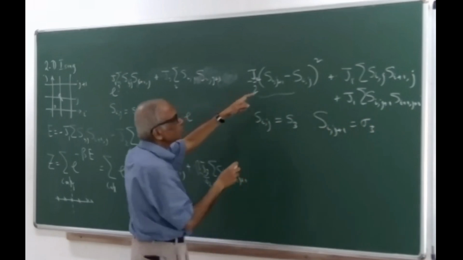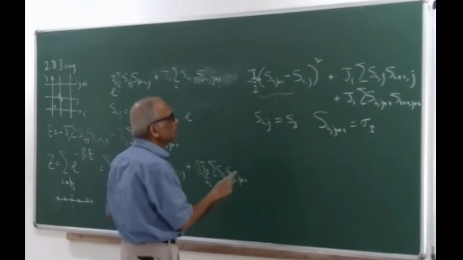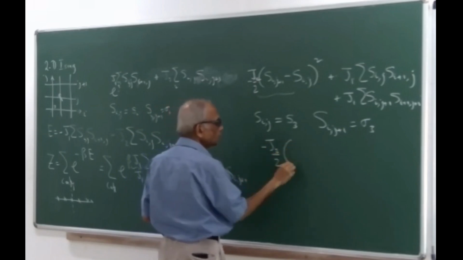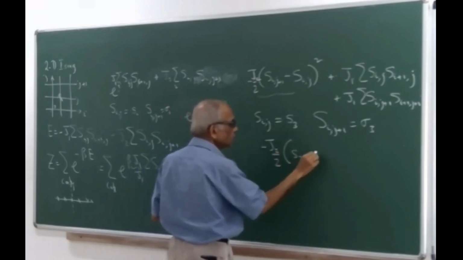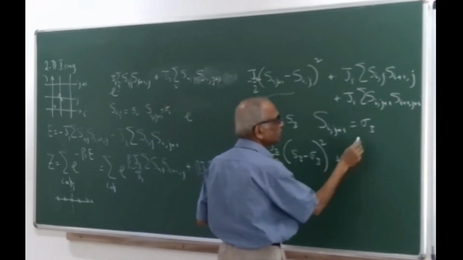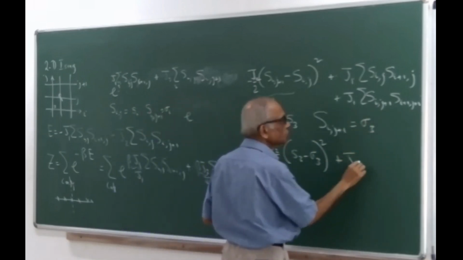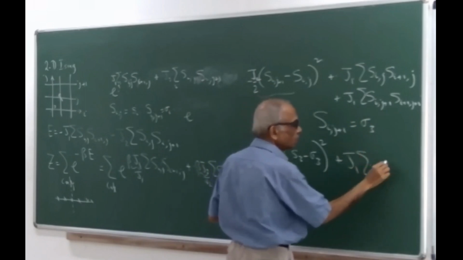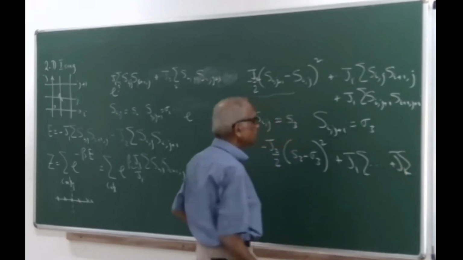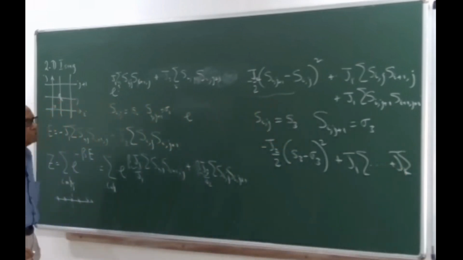And then this part over here is flip minus j2 over 2 S3 minus sigma 3 squared. And over here you have the usual sum j1 this plus the other, right? So everything is determined by this.